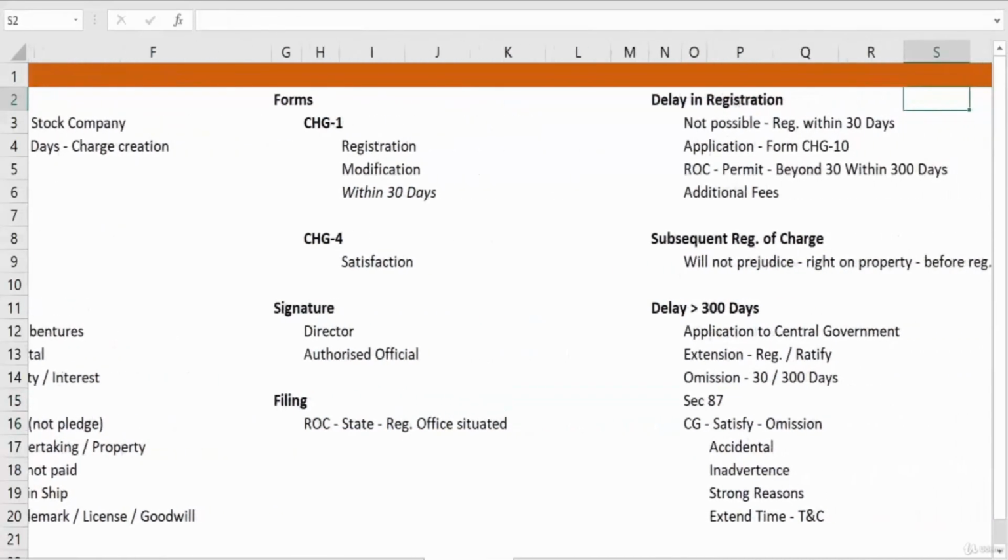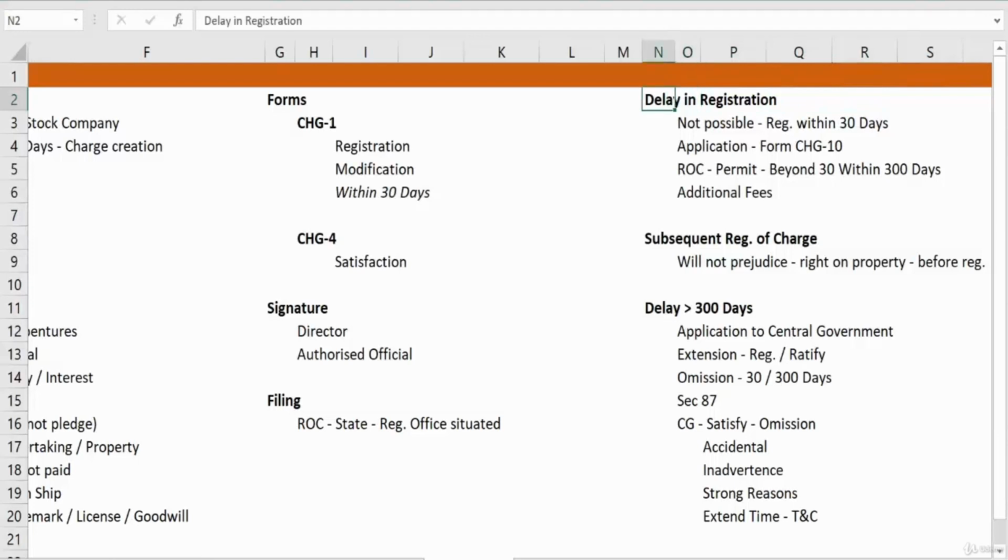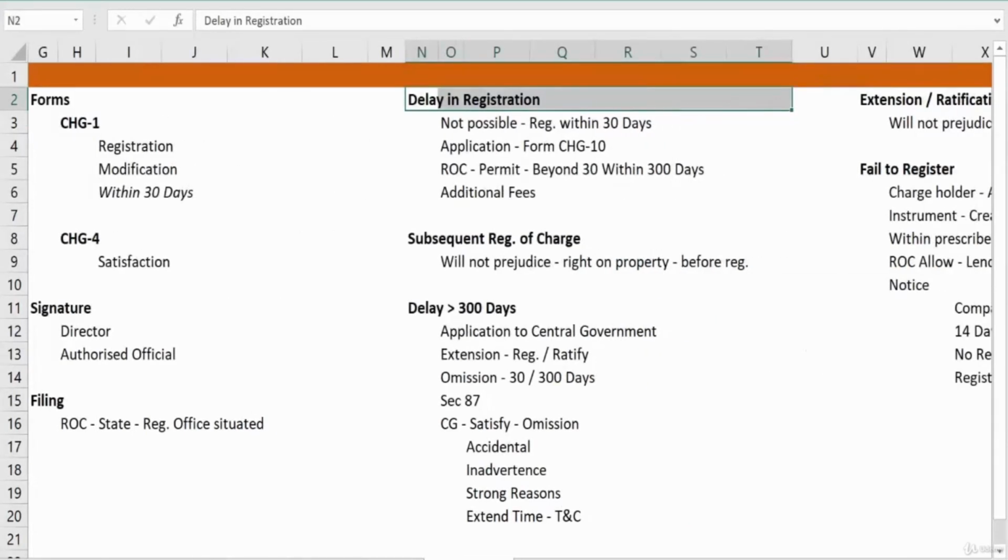Then Companies Act also provides something extra. If a company is not able to register within 30 days, then they can make an application through form CHG10, so that the Registrar of Companies will allow registration beyond 30 days, but within 300 days of creation.